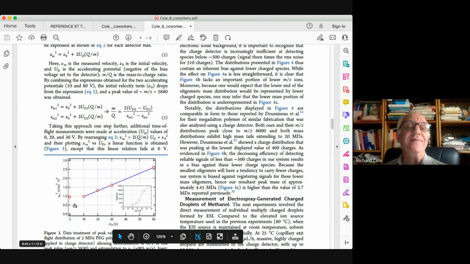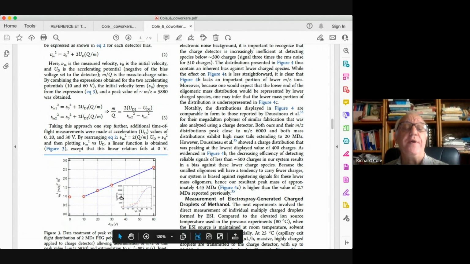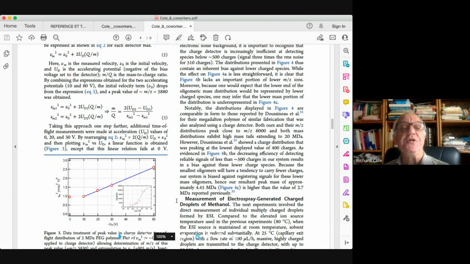But we have a little problem at 0 volts acceleration, and what's that due to? It turns out that if we put a negative bias on our charge detector, say minus 60 volts, then we're very efficient at pulling cations into the charge detector. This shows counts over a certain time as a function of the negative voltage placed on the charge detector.